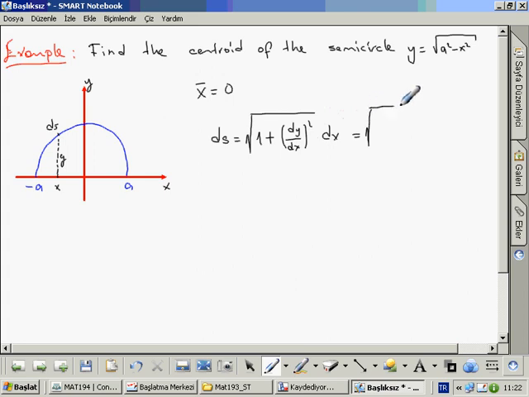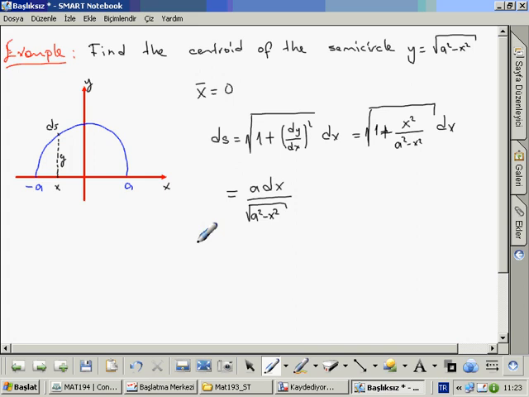So it equals the square root of 1 plus x squared over (a squared minus x squared), del x, so it's equal to a del x over the square root of a squared minus x squared.